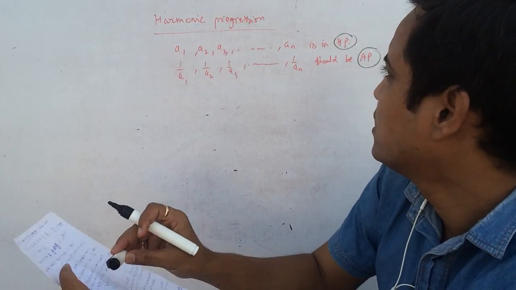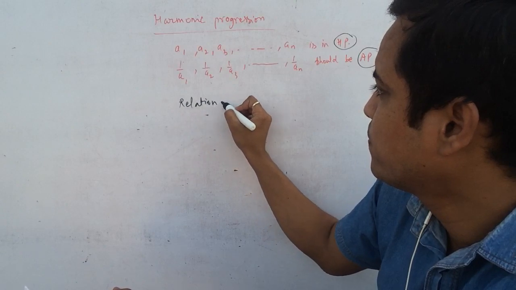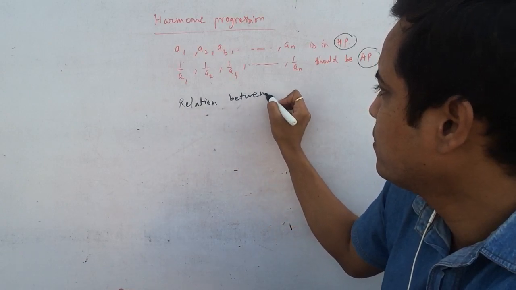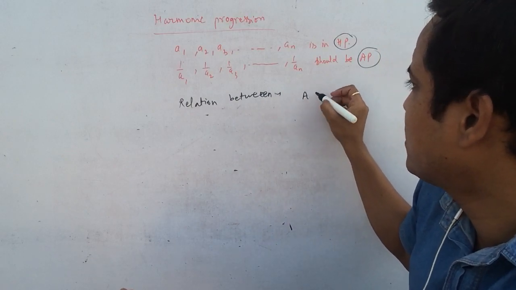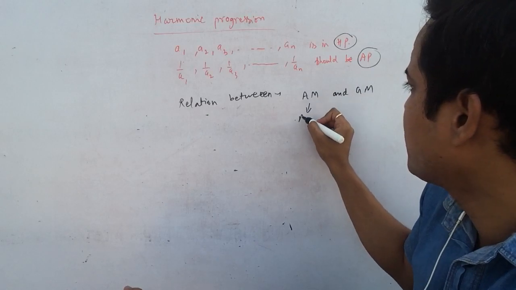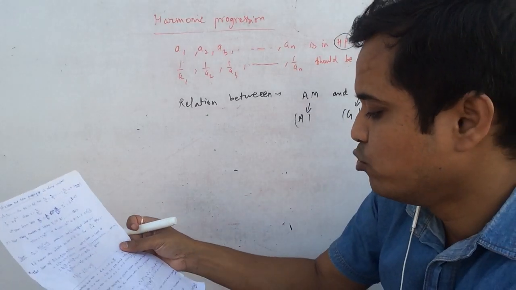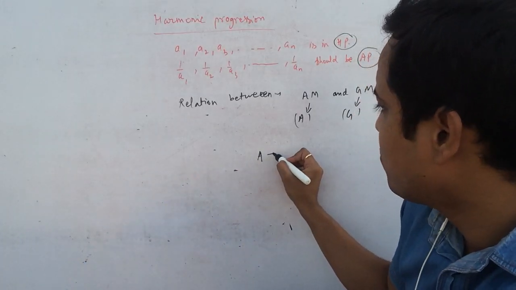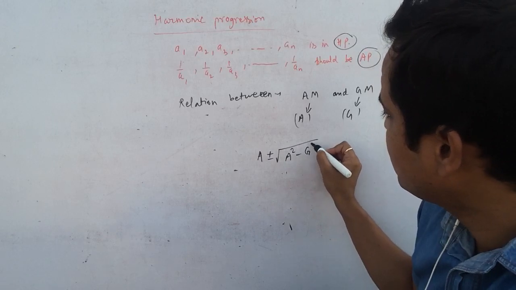So the relation between arithmetic mean and geometric mean: we call the arithmetic mean A and the geometric mean G. It would be A plus minus under root of A square minus G square.